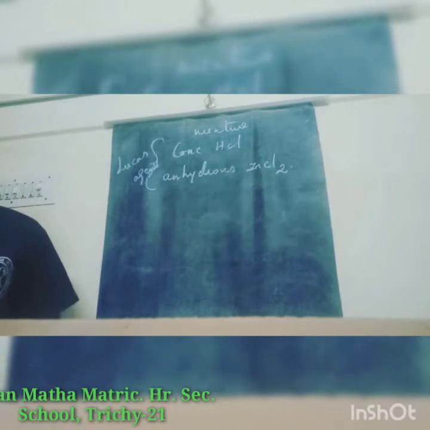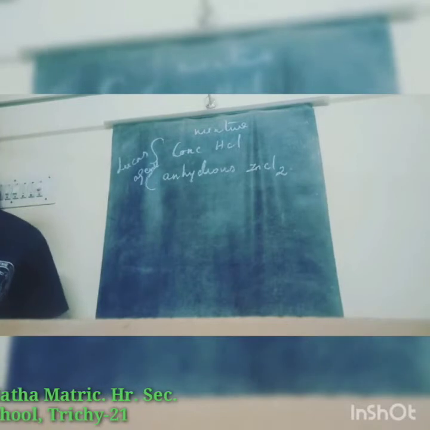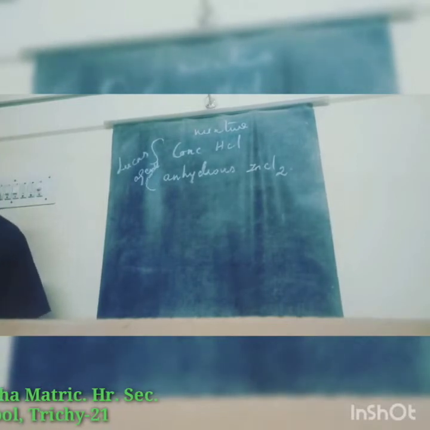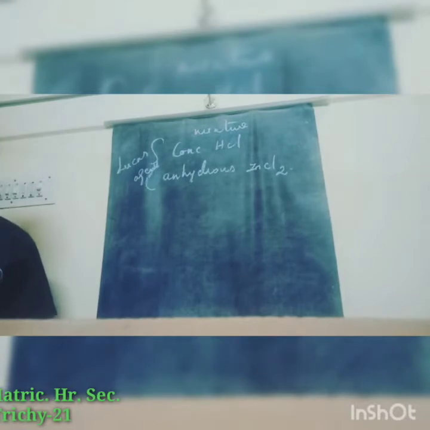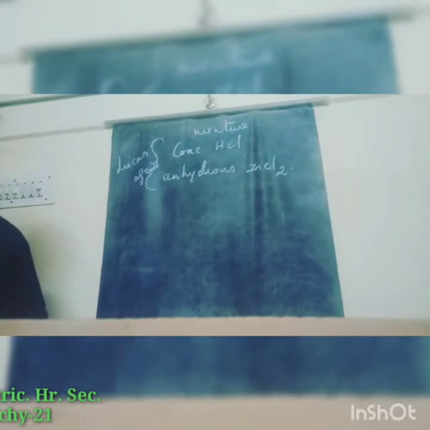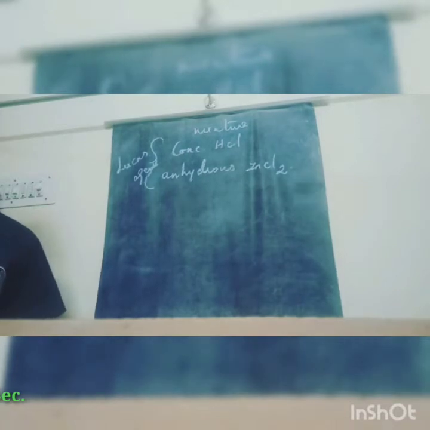So first we take tertiary alcohols. Tertiary alcohols react immediately to form a turbidity due to the formation of alkyl chloride, which is insoluble in the medium. And next one is secondary alcohols. Secondary alcohols react within 10 minutes to form a turbidity of alkyl chloride, whereas primary alcohols do not react at room temperature.